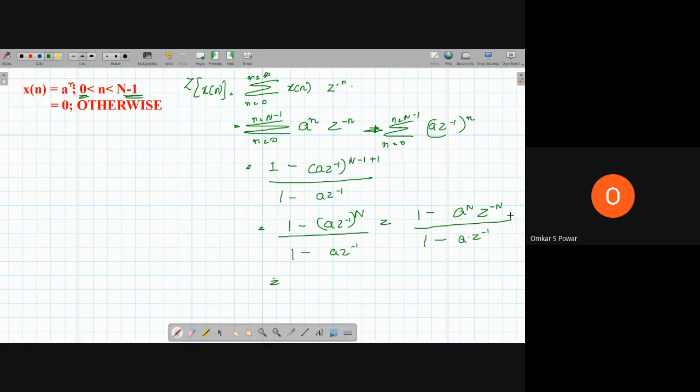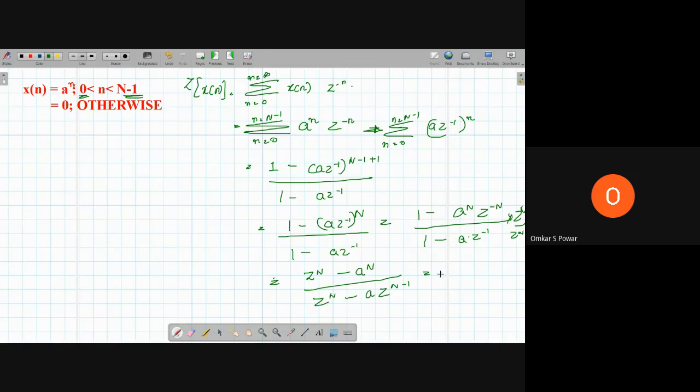So multiply numerator and denominator by z to the power of N. If you multiply numerator and denominator by z to the power of N, what will you get? z to the power of N minus a power of N divided by z to the power of N minus a z to the power of N minus 1. Further, how can you simplify this? You have to bring it into the form of x squared minus a squared divided by x minus a, or x cube minus a cube divided by x minus a, so that you can cancel the denominator easily.